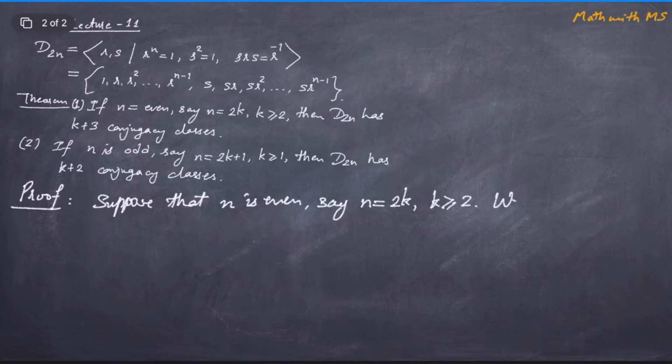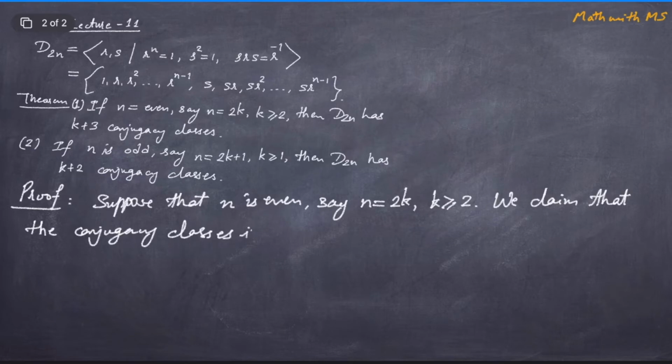We claim that the conjugacy classes in D2n are the following.